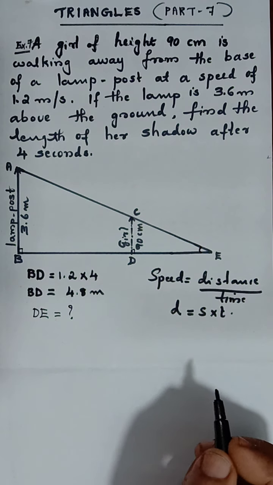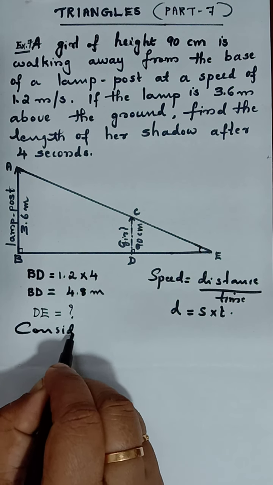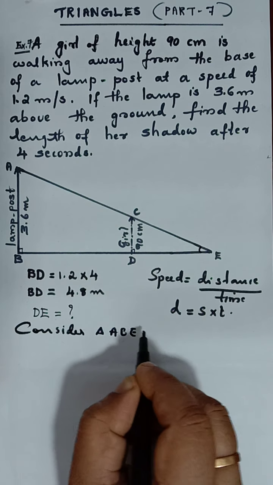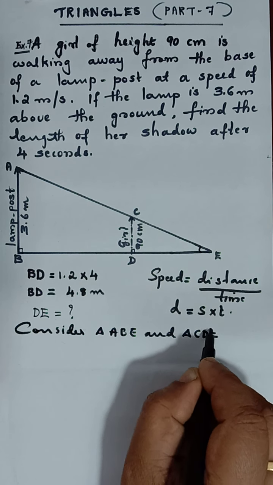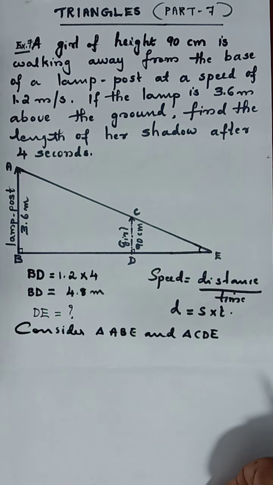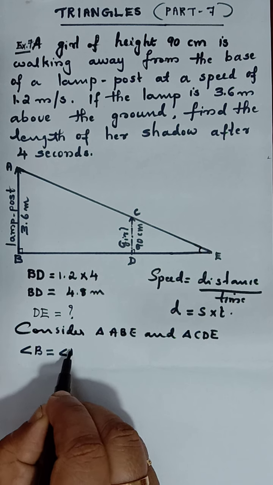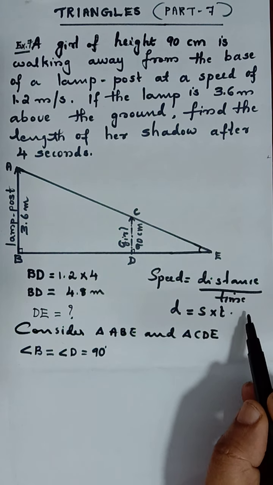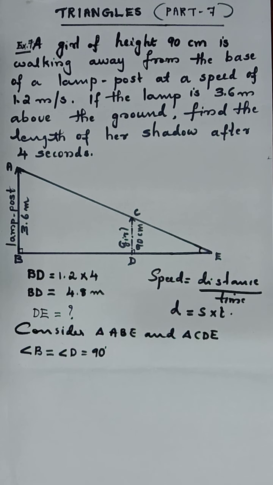So let us write its steps. That is, we consider triangle ABE and triangle CDE. So similarities: angle B is equal to angle D, that is equal to 90 degree, because AB perpendicular to BE, CD perpendicular to BE.